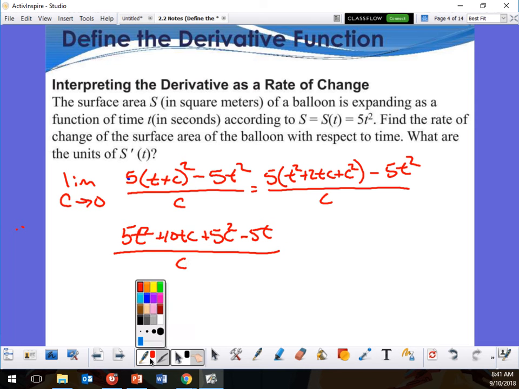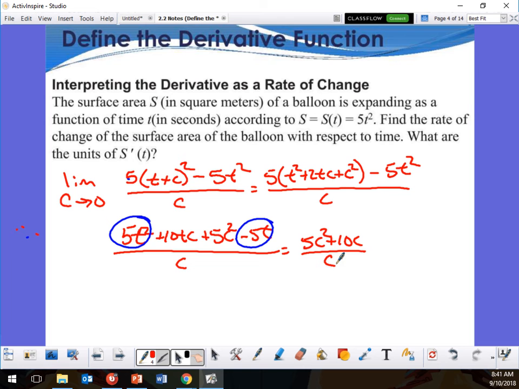Now, what goes away? 5t squared. That goes away, so I'm going to be left with 5c squared plus 10tc all over c.